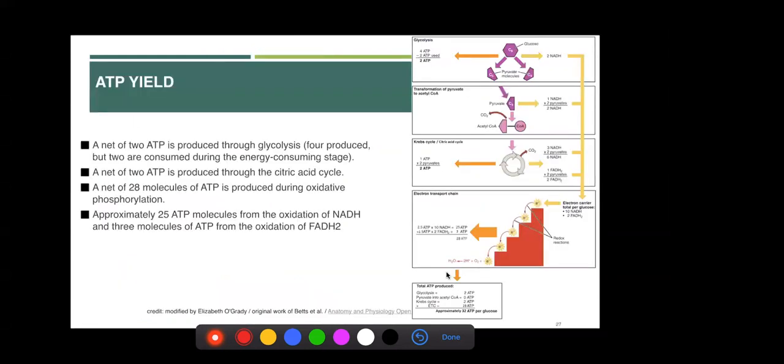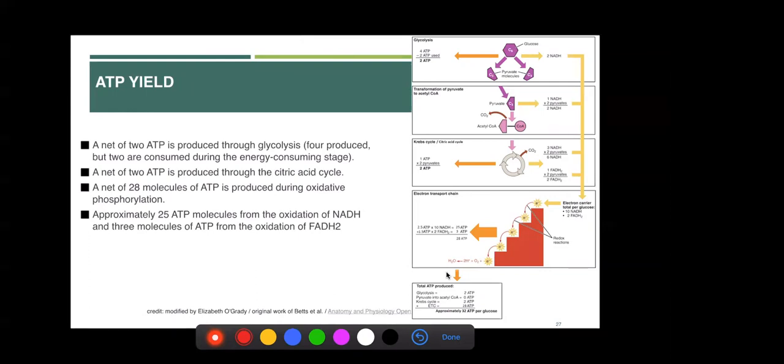All right. And when we do our net here, we get a net of 2 ATPs from glycolysis, a net of 2. Remember, we made 2 in the citric acid cycle, and 28 molecules of ATP during oxidative phosphorylation. Remember, we talked about that.